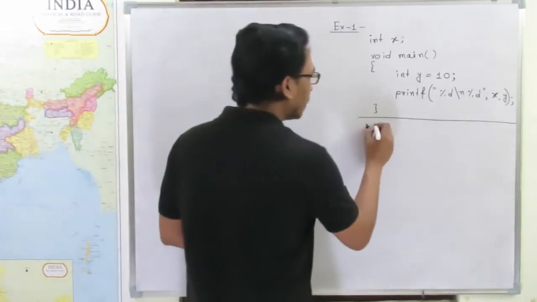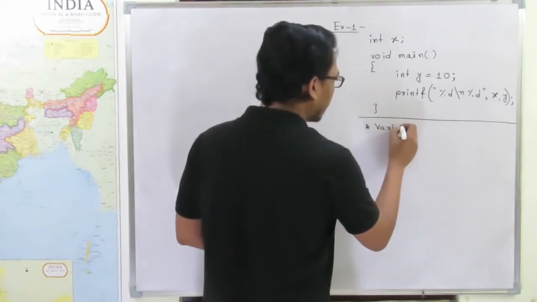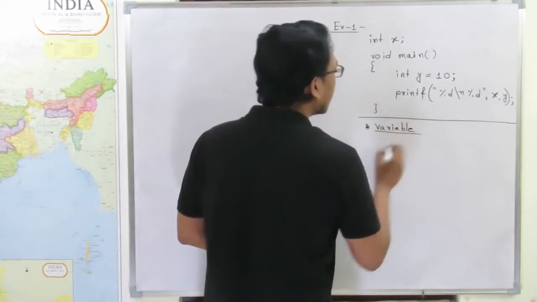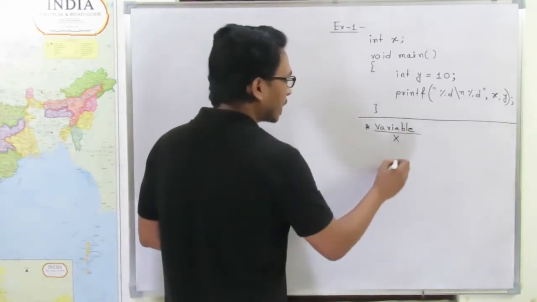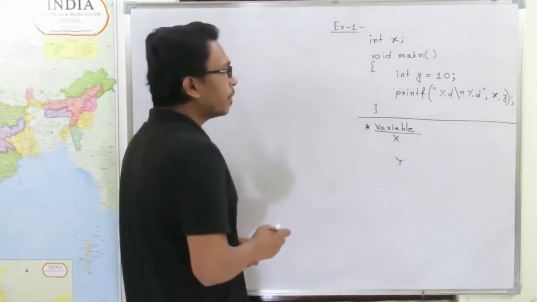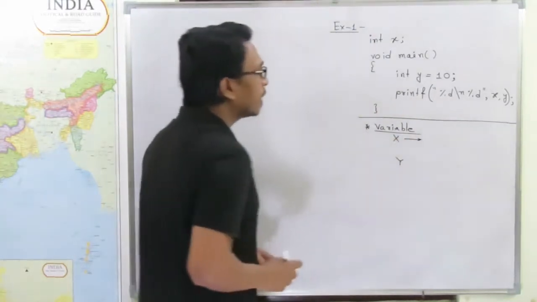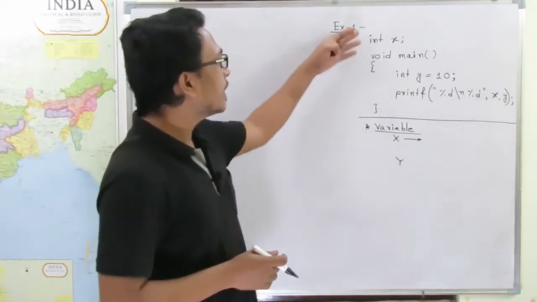Look, here we have variables in the program. How many variables are there? We have two variables. First one is x and second one is y. Now x is not defined inside any block.